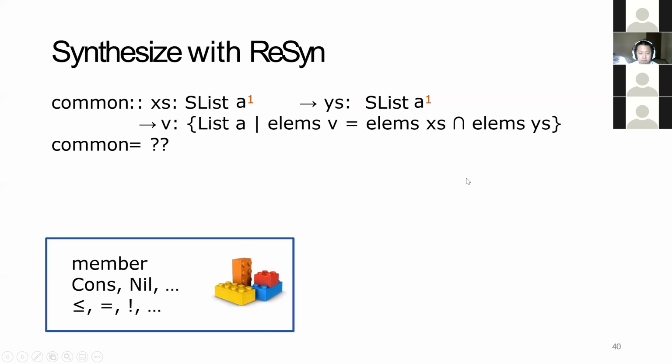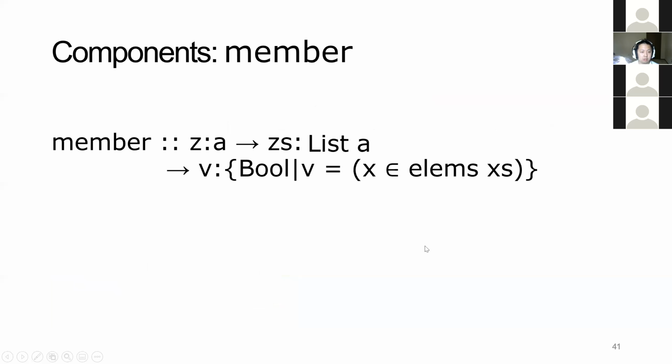Okay. We also have the library function here, but we should know that the library function should also be annotated with potential. Here, the member function is not just deciding if a given element is a member of a list.